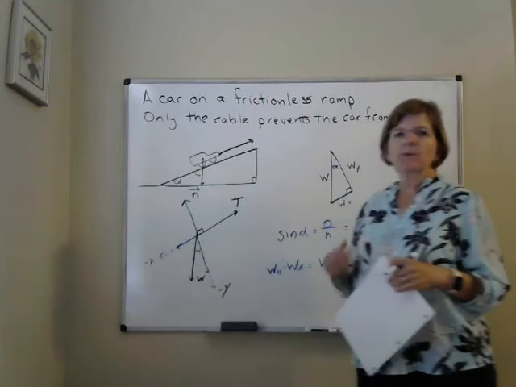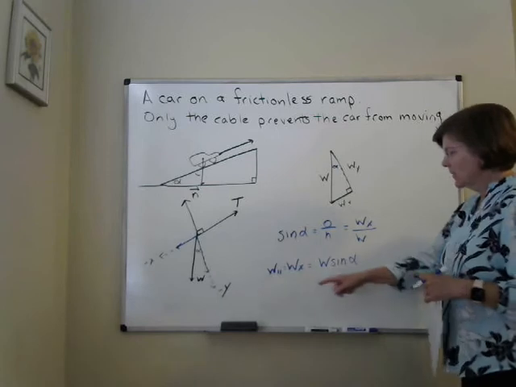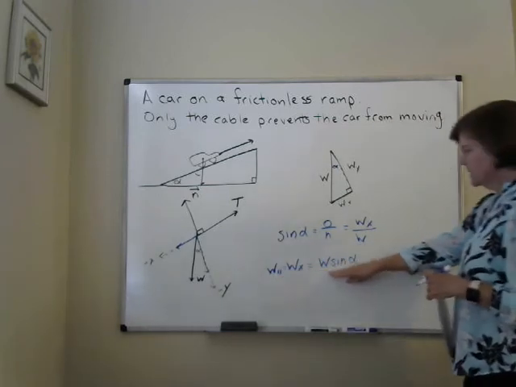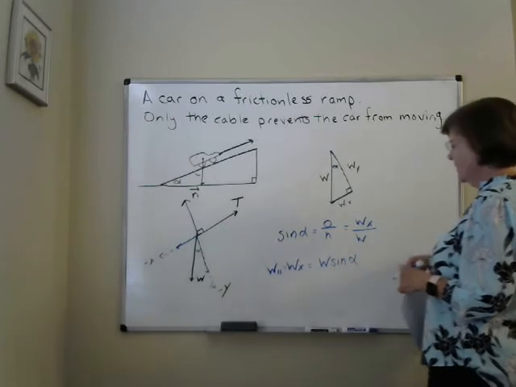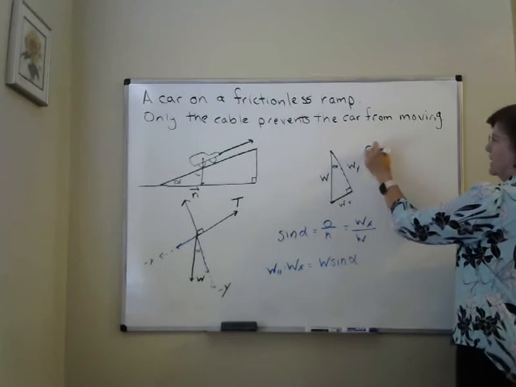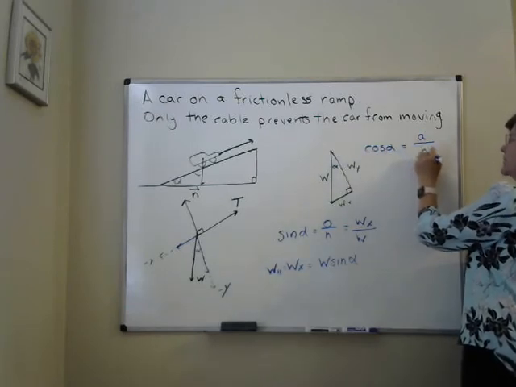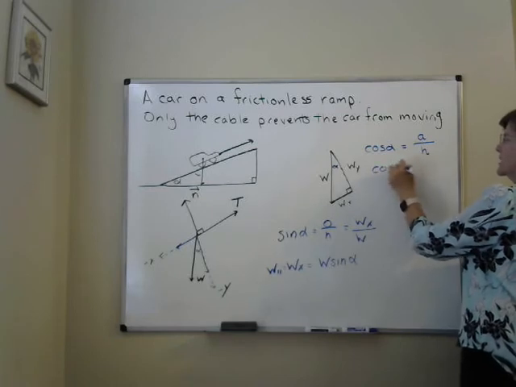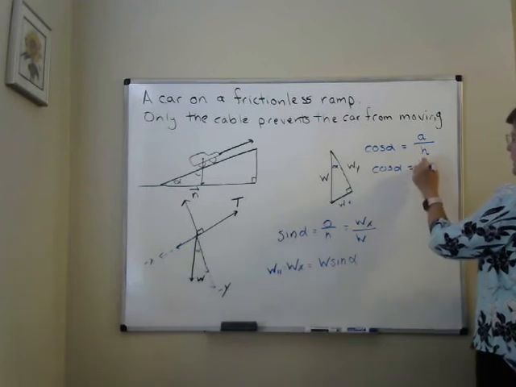And it's because we're measuring from the y-axis that we get a different result. So, the horizontal component or the parallel component is given by W sine alpha. If I do the same thing and use cosine alpha, of course, it's adjacent over hypotenuse. So I end up getting that cosine alpha. Adjacent is WY.